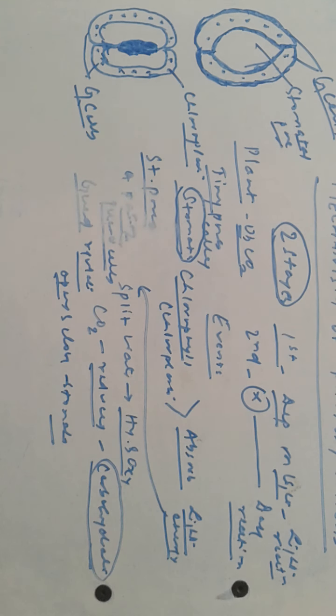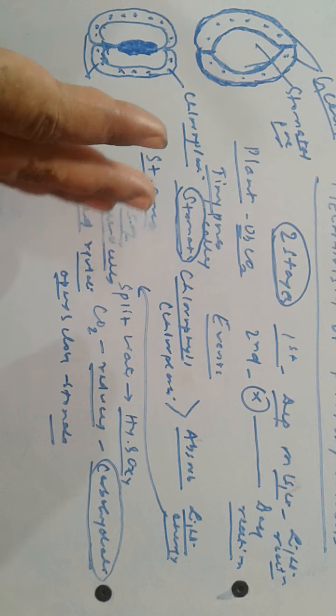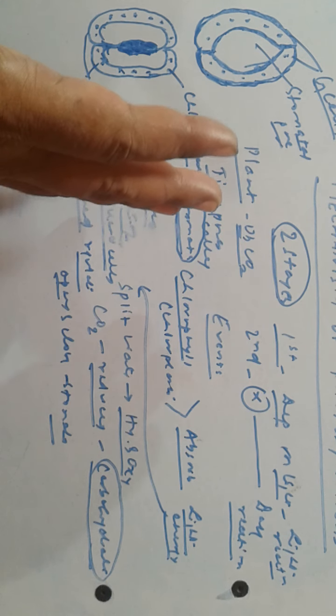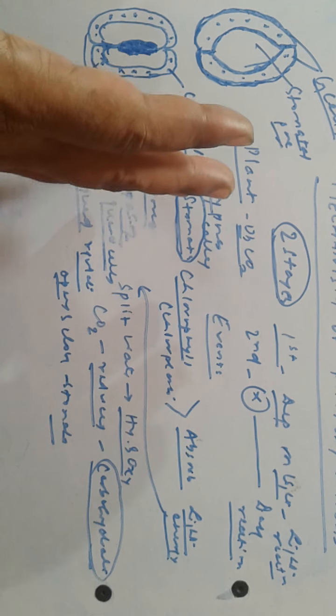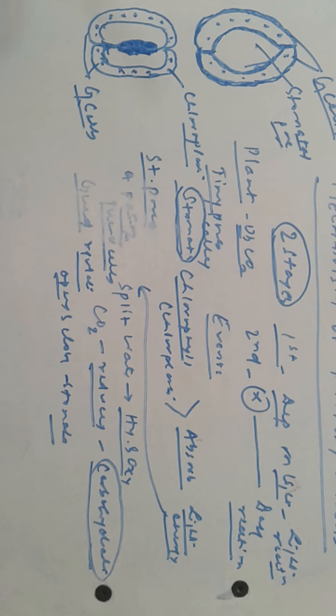So accordingly, it closes down. How does it close down? If water is not there, the guard cells shrink and the stomatal pore is closed.